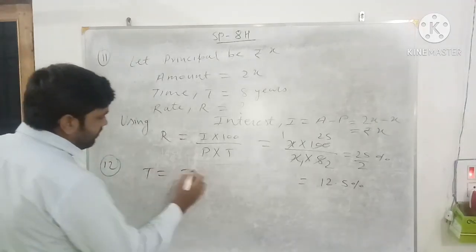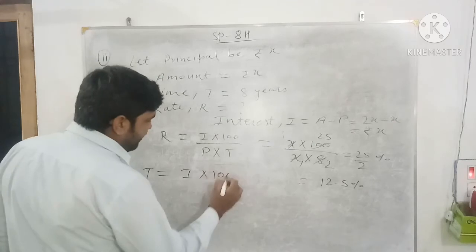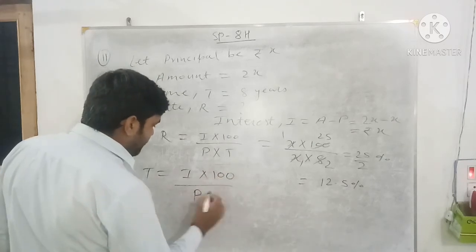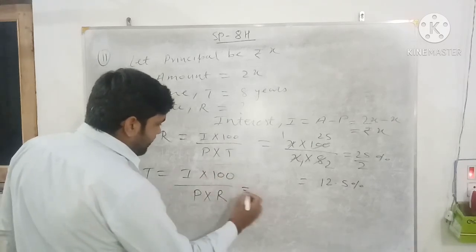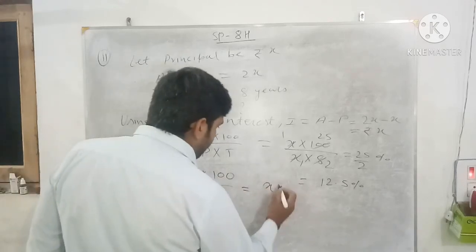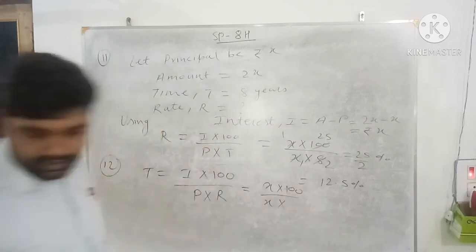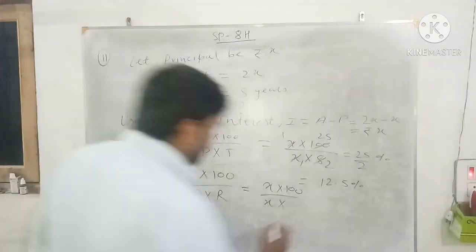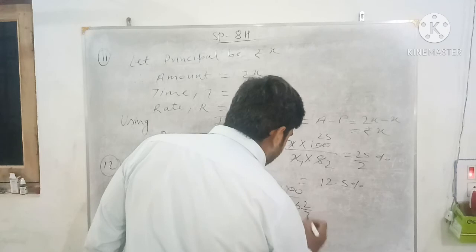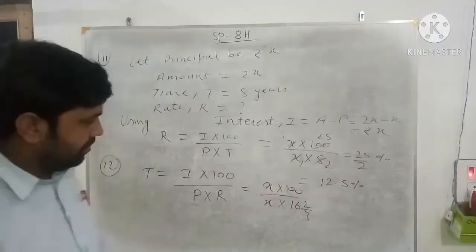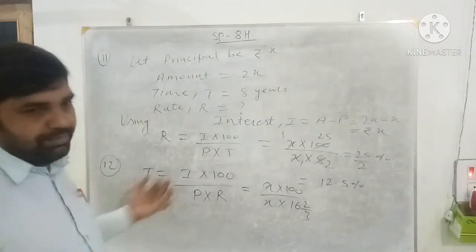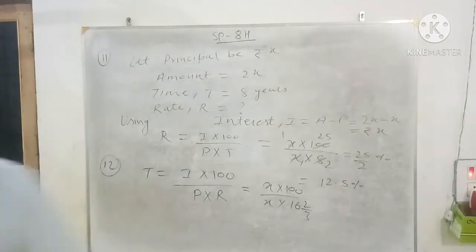T is equal to I into 100 divided by P into R. Interest is x and the principal is also x, and the rate is given in the question, 16 2 by 3%. Put that in. Now you solve this, you will get the time period.